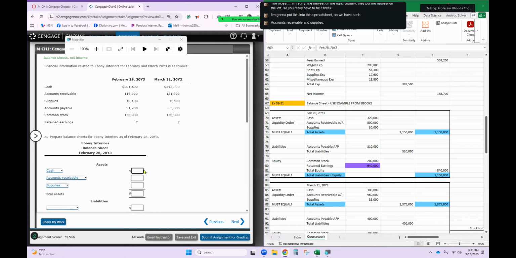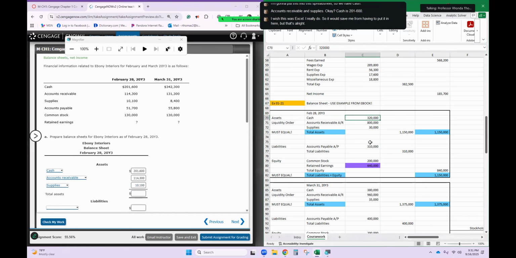Okay. Cash is 201,600. I wish this was Excel. I really do. It would save me from having to put it in here, but that's all right. So what do we got? 201,600.